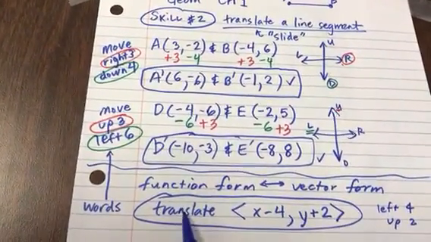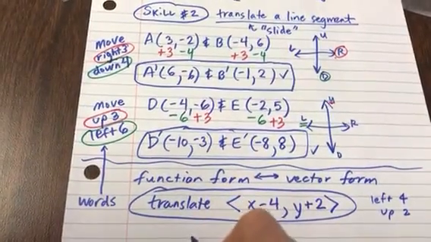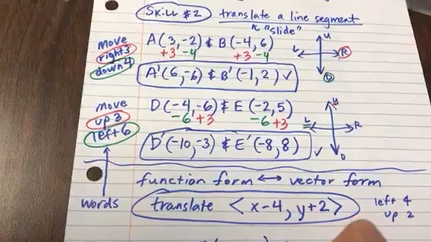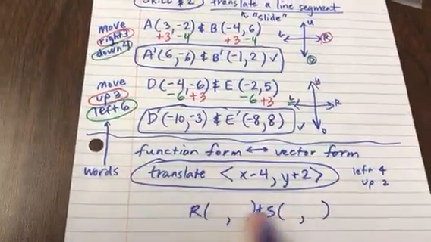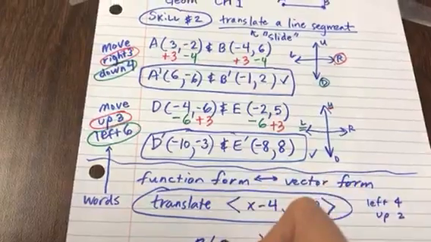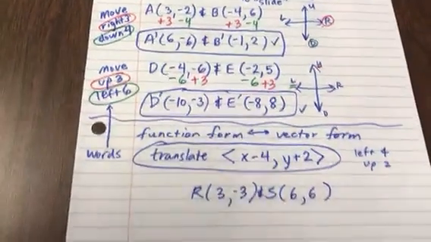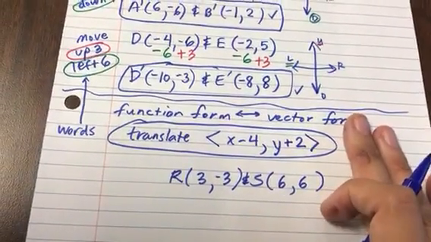So let's say the question said, please use this translation rule to translate this line segment RS. Okay, so I'm going to take the line segment RS. Now I don't even have the words.